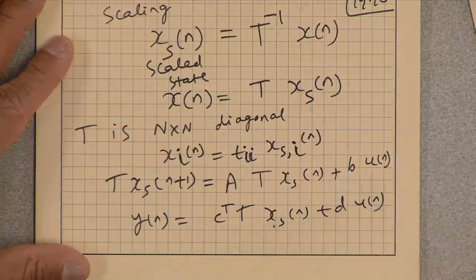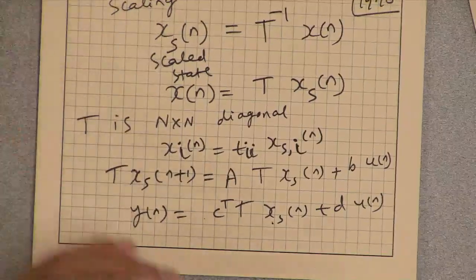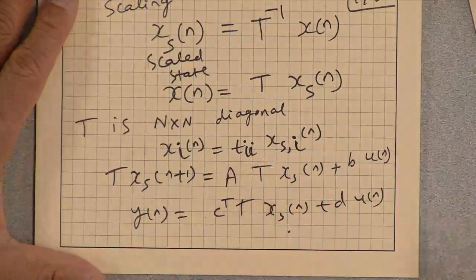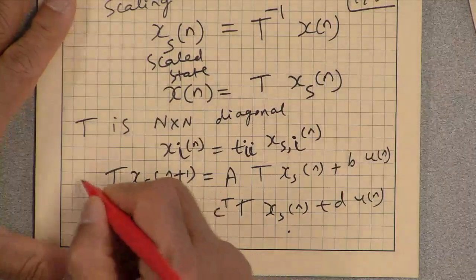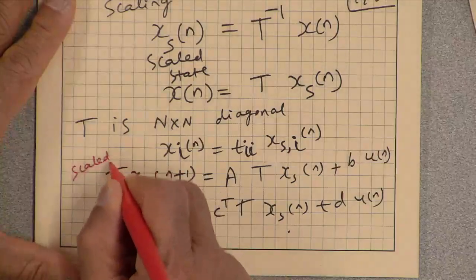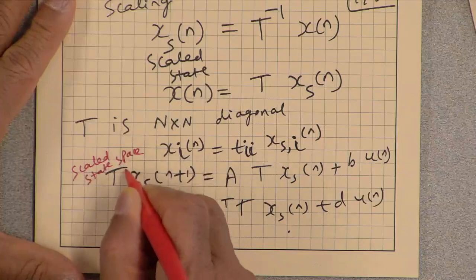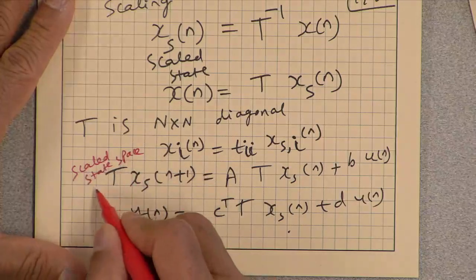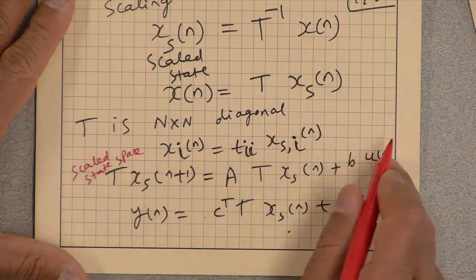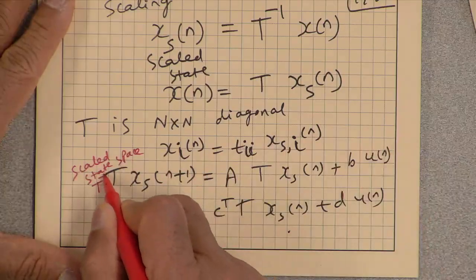Now, how do we get the state space for the scaled system? Multiply by T inverse everywhere.